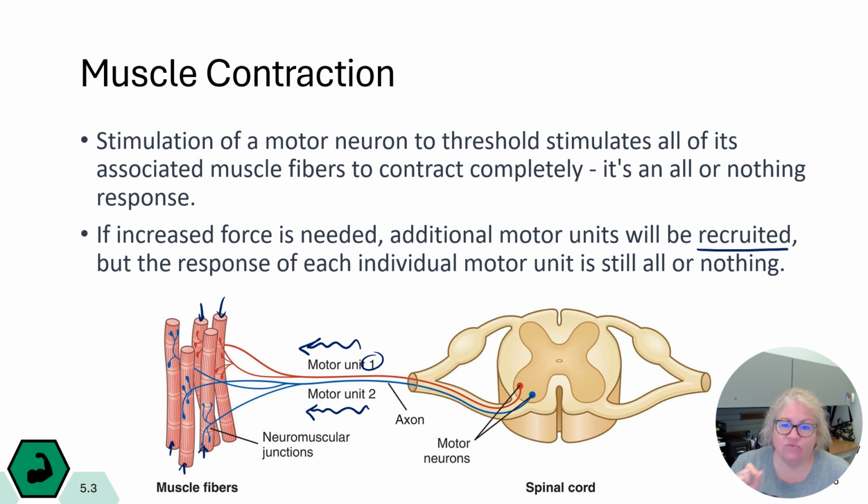That's an example of recruitment. Or the opposite way, you thought something was going to be light and it was actually heavy, and you try to pick it up and you're like, oh, and you have to recruit more. So our body recruits based on what we perceive the needs are going to be, but we can also adapt once we start lifting something, and either it's heavier or lighter than we anticipated.